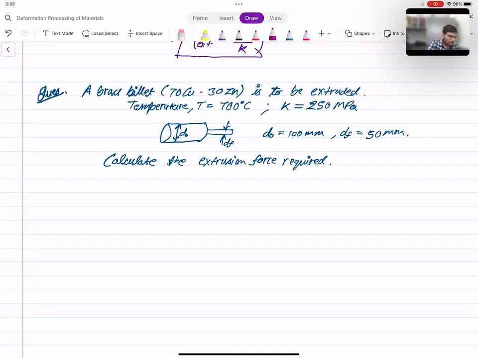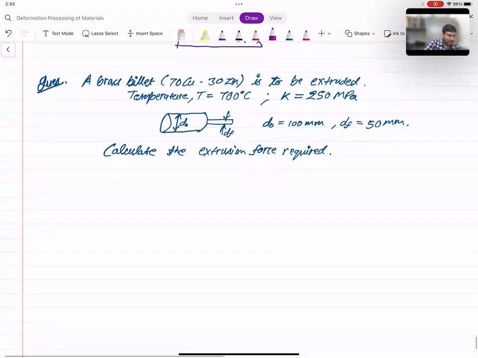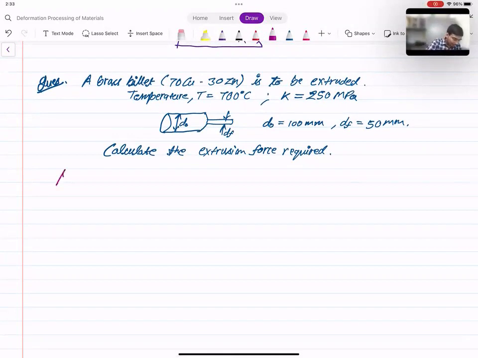So let us see how we can calculate the values. We have seen that the actual force value F actual was nothing but K times the initial area times ln of the ratio of initial area to final area.